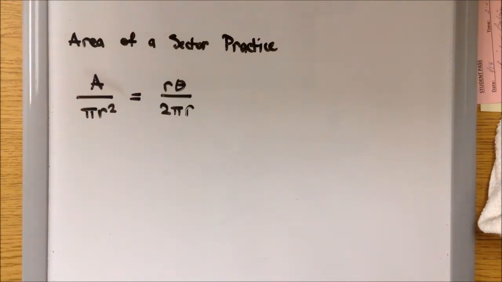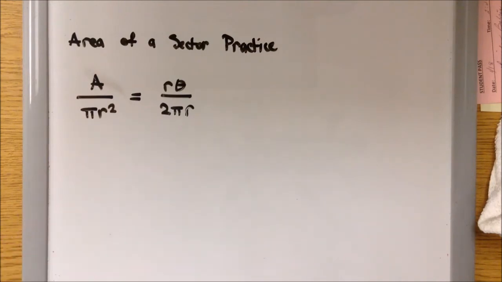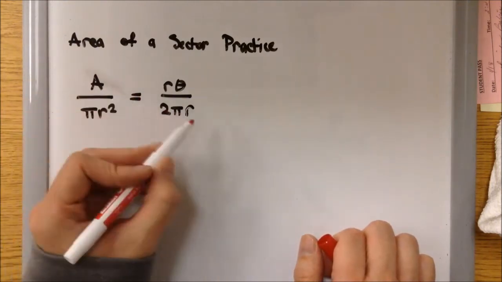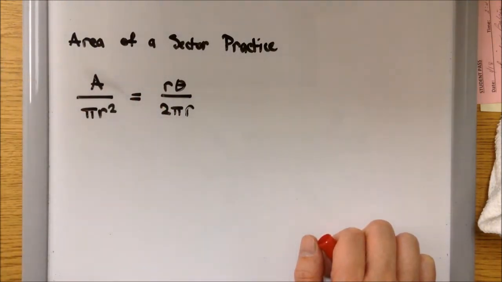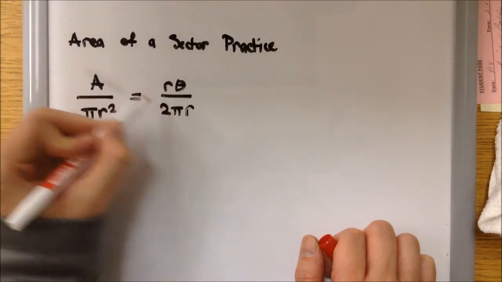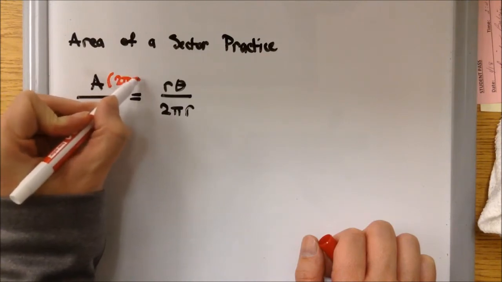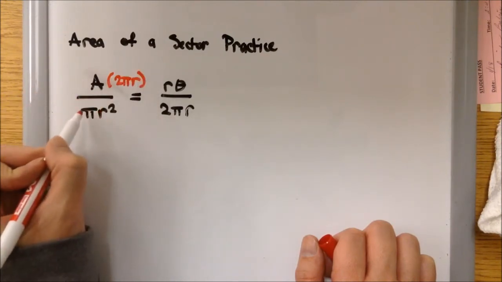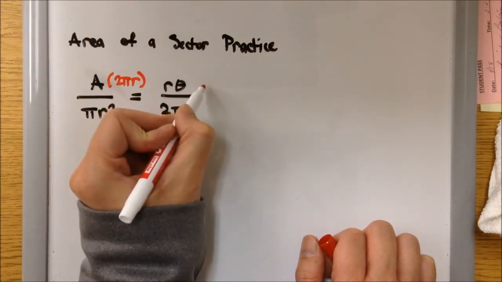Now, if I didn't want to work with fractions, what I'm going to do here is just cross multiply them. So I'm just going to multiply 2 pi r to the A, and then multiply pi r squared to this r theta.